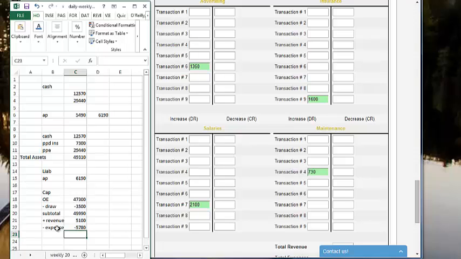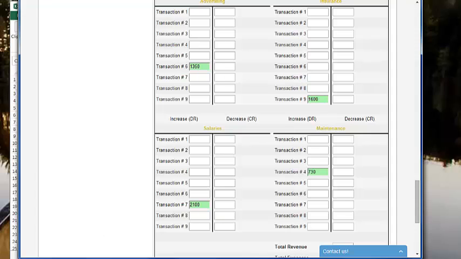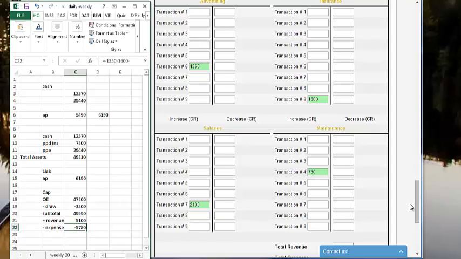So, whoa, did this company make money? Not according to me. Whoops. We have revenue of 5,100, but we have expenses of 5,780. So they lost money of 680. Yikes.